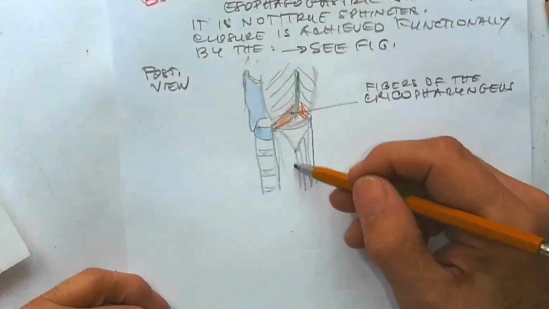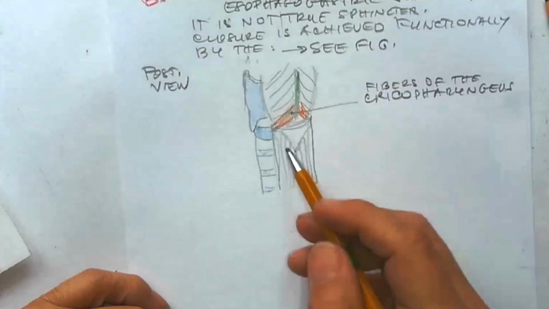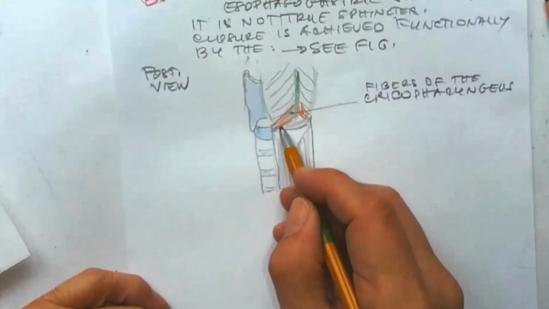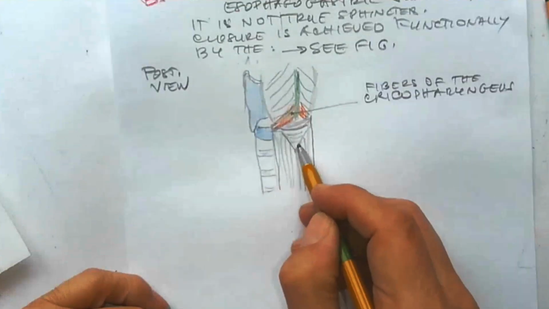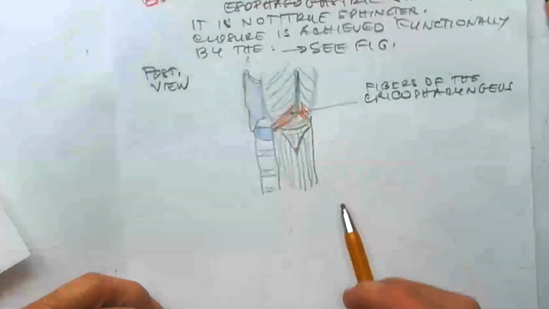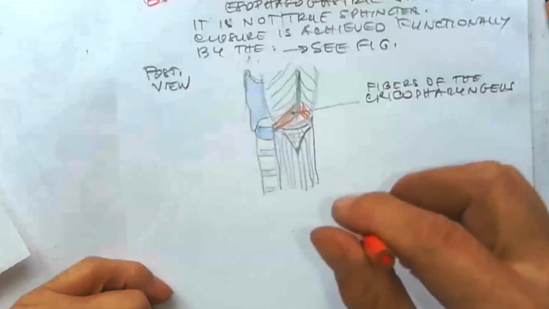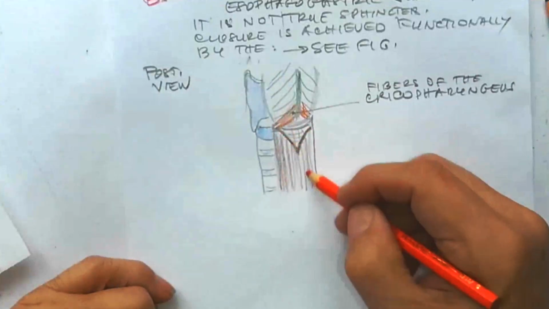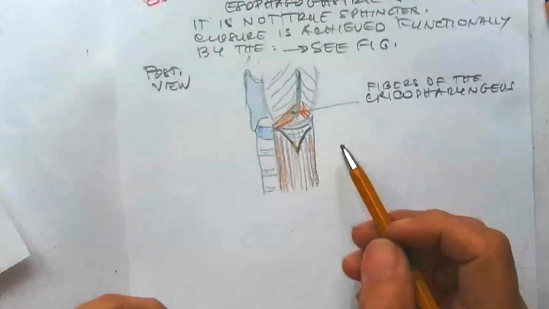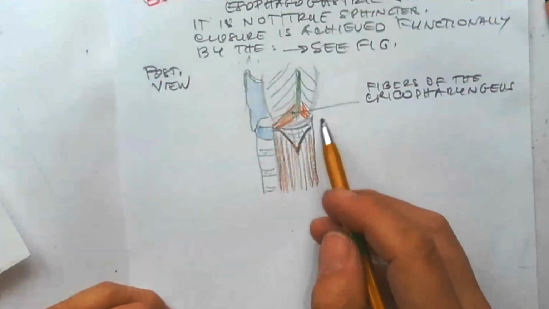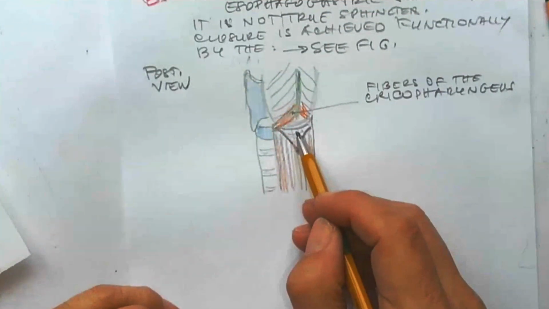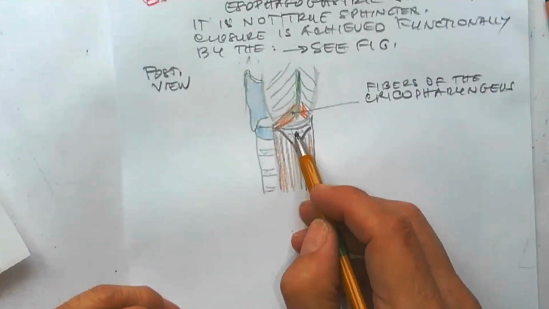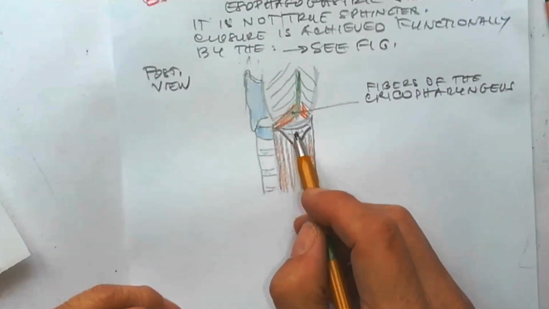Here you see the longitudinal fibers, and then here you see the circular, like a mix, circular and vertical, using red on this lower margin. Here we see the longitudinal fibers. Then this is more circular. We call it the circular muscle fibers.